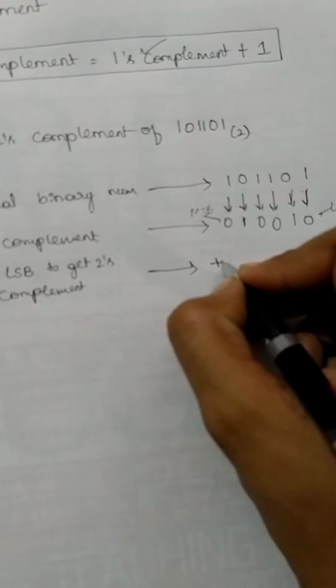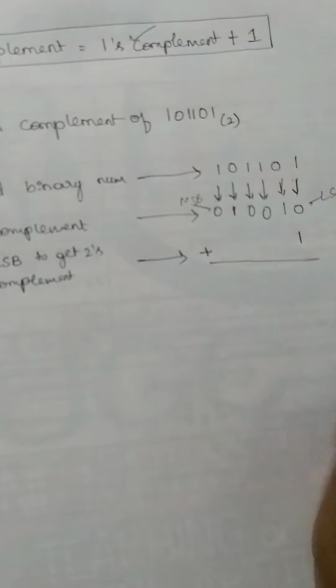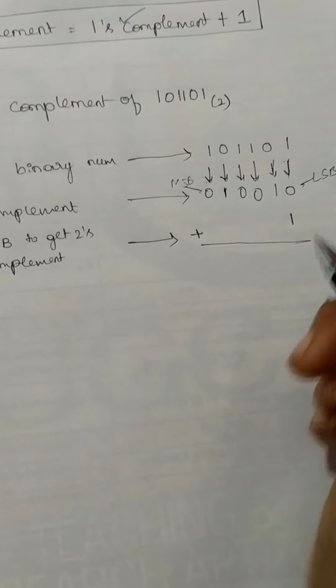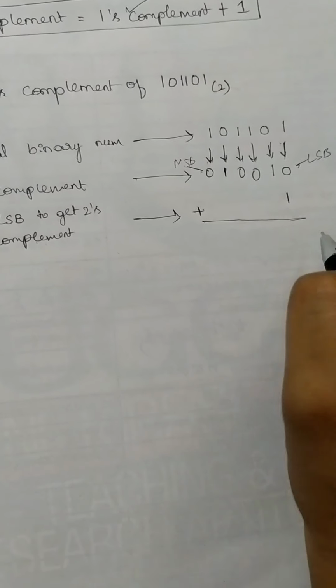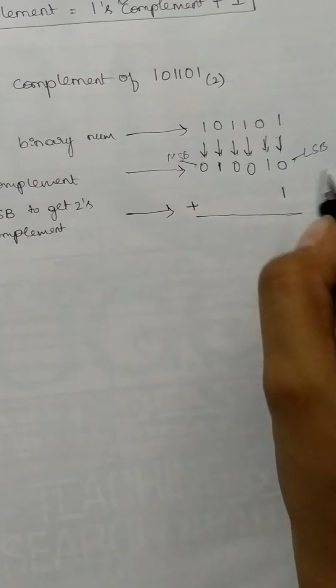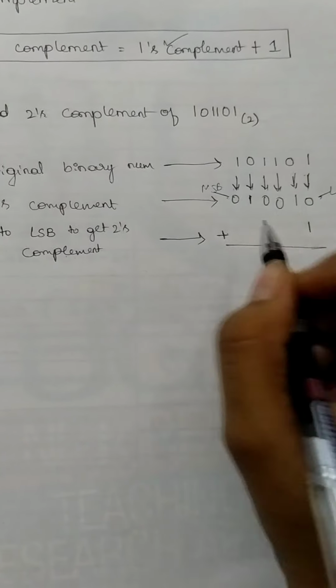Okay, so here LSB is 0, I need to add 1. So we have already done binary addition. So what was the rule? 0 plus 0 becomes 0, 0 plus 1 becomes 1, 1 plus 0 becomes 1, and 1 plus 1 becomes 0, which gives carry to the next higher column.